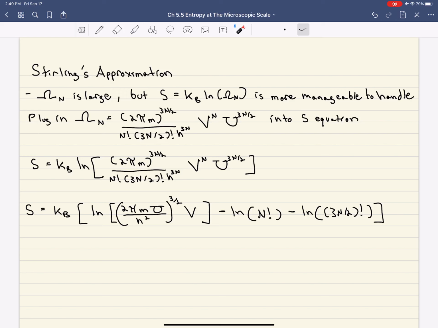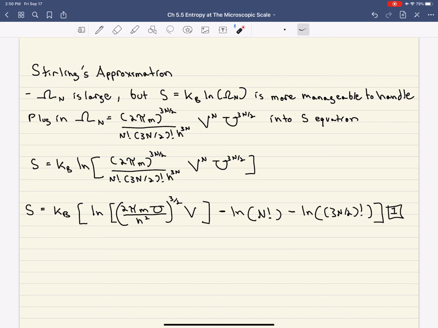The n factorial, we're taking the natural log of it to make it a smaller number. But the fact that it's a factorial means it's still a really large number. If we're dealing with 1 mole of gas molecules, that means we have Avogadro's number of gas molecules, 10 to the 23. And so the natural log of that is still really big.